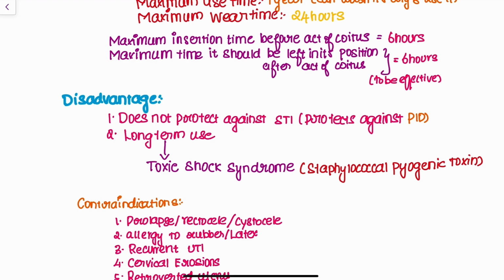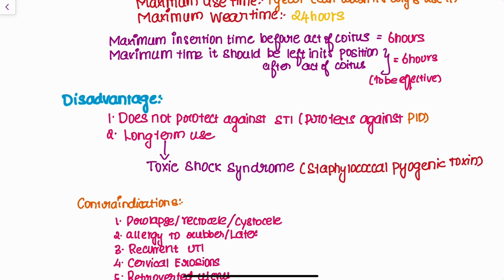Why? Because when the male is going to have coitus with his partner, he is going to deposit the semen inside her vagina. But this diaphragm is positioned only from behind the pubic ramus to the posterior fornix of the vagina. So if he introduces the male gamete inside the vagina, you cannot prevent the risk of sexually transmitted infection, because the act of coitus is normal as such.